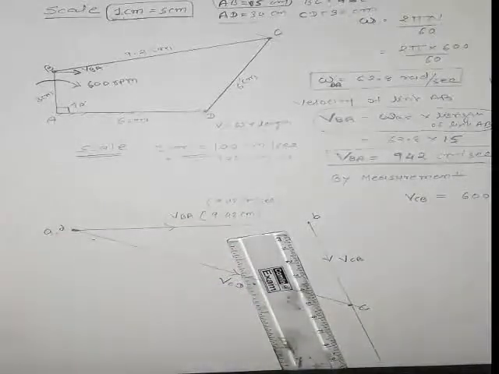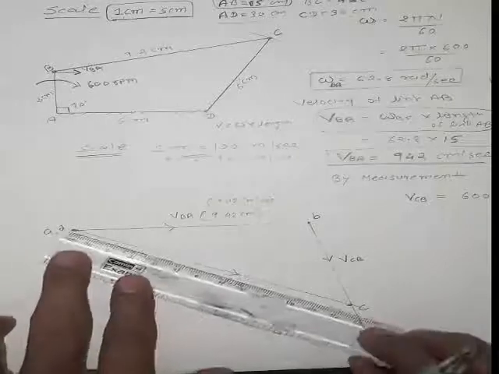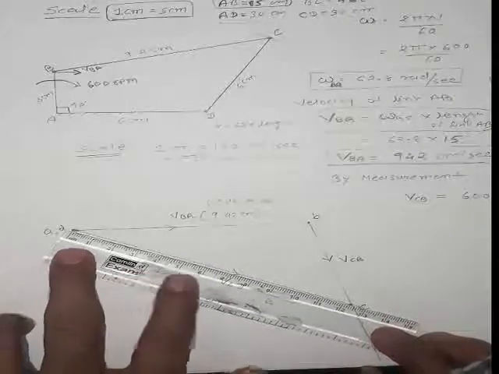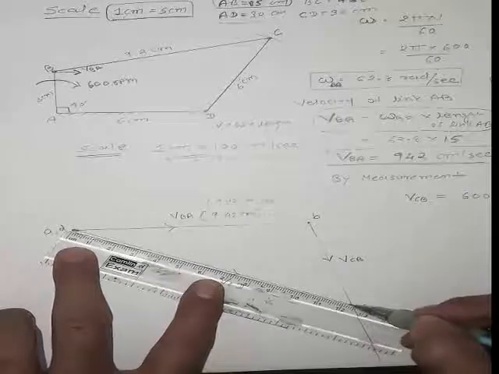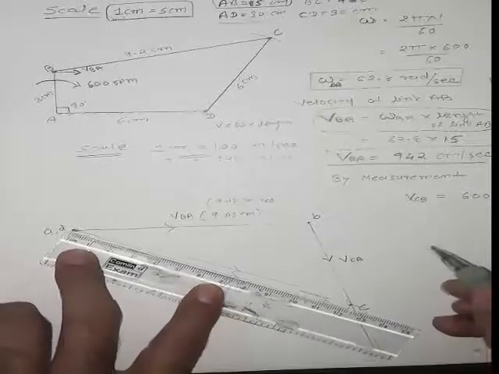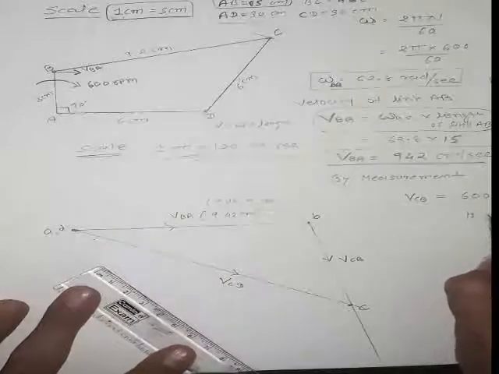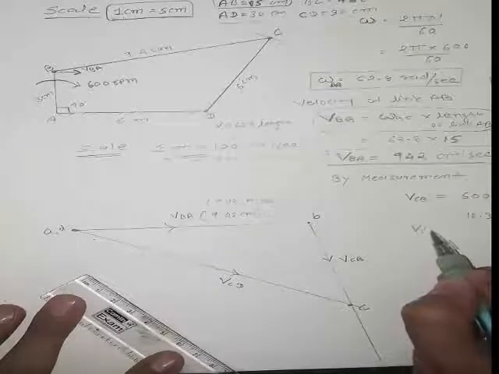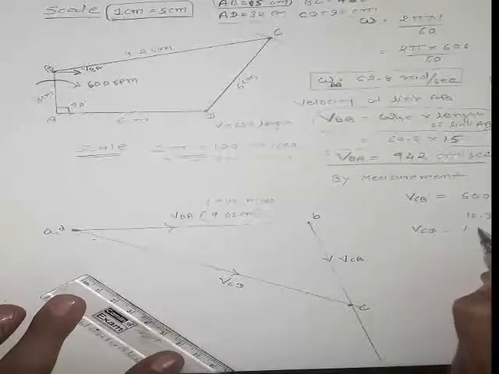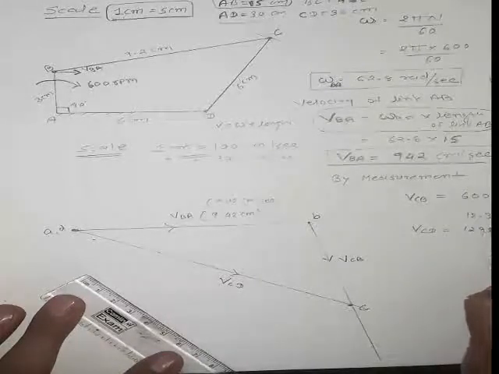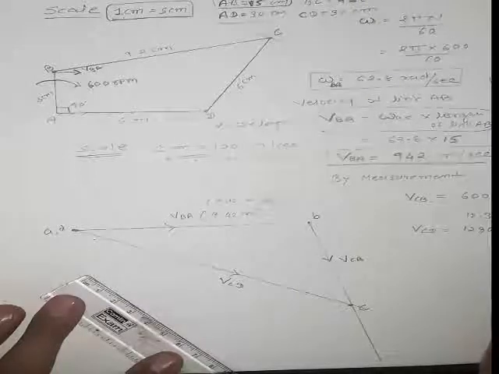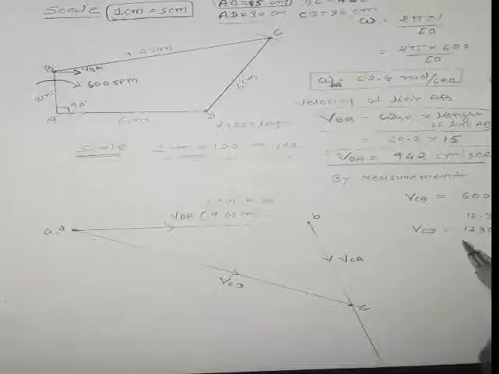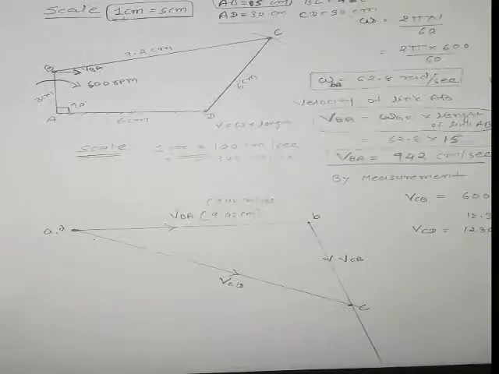Now let us consider VCD. So it is around 12.3 centimeter. So here we can say VCD is equal to 1230 centimeter per second, right? We have to multiply it with 100. So 1230. Okay, sorry if you can't see.